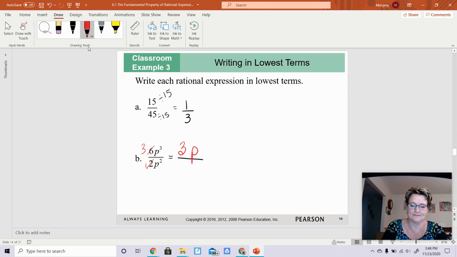Now, you just leave it as 3p. That's your answer, 3p. Remember, when you divide powers, you subtract the exponents. When you multiply powers, you add the exponents. And when you raise a power to a power, you multiply the exponents. These are all things you learned in the past units, and we're going to keep going.